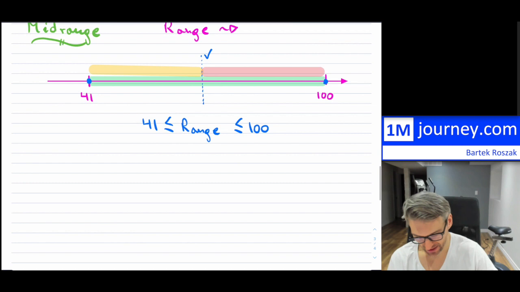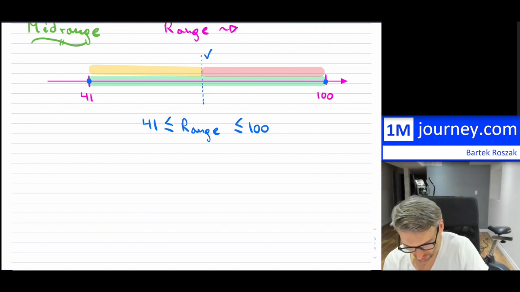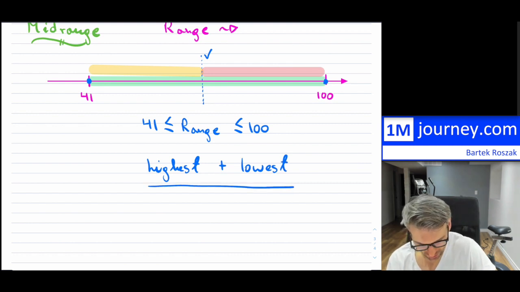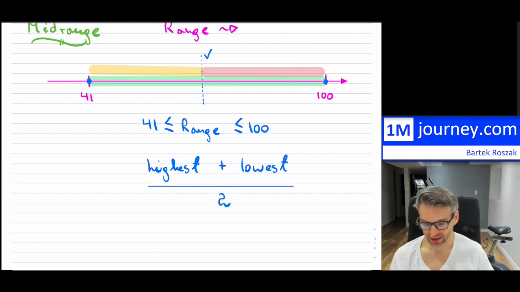To find it is not difficult. All you do is take your highest value, add your lowest value, and then divide by 2. That's going to give you your mid-range.